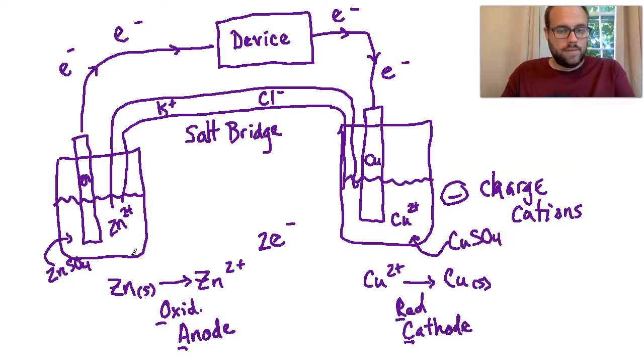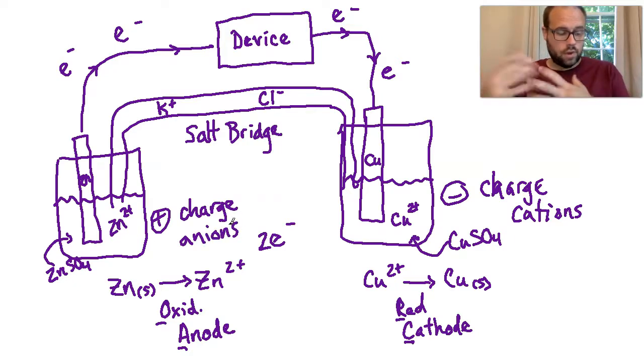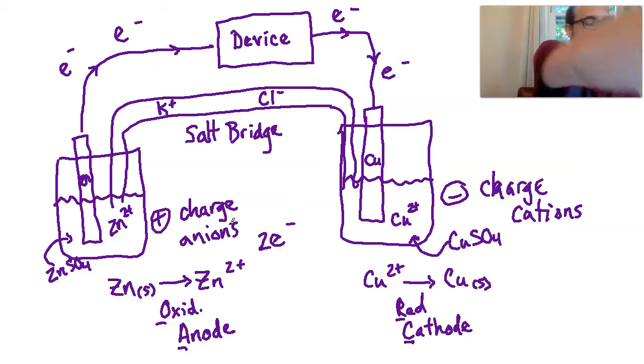And then you can have a buildup of positive charge at the anode. And so this is where you're going to want to send all of your anions. Okay, and they will work their way through the salt bridge in solution. And the salt bridge prevents the excess charge buildup when we're working with these types of things.